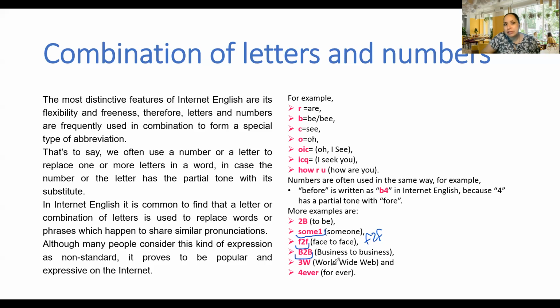B2B, which is business to business. 3W refers to a web page, a website, the World Wide Web. 4ever means forever. And I have seen this one in a movie a long time ago, when the internet was already very common, like 15 years ago or something.